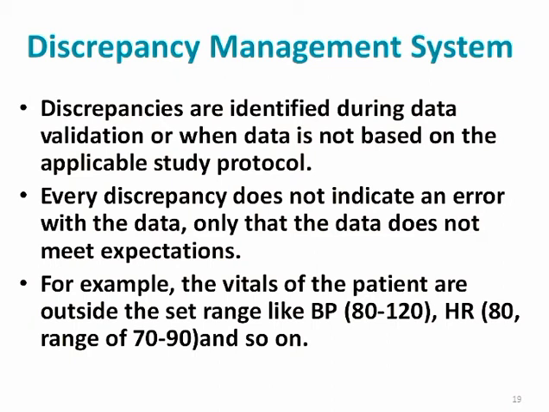For example, the vitals of the patient are outside the set range, like blood pressure with a range of 80 to 120 and heart rate with a range of 70 to 90, and so on.